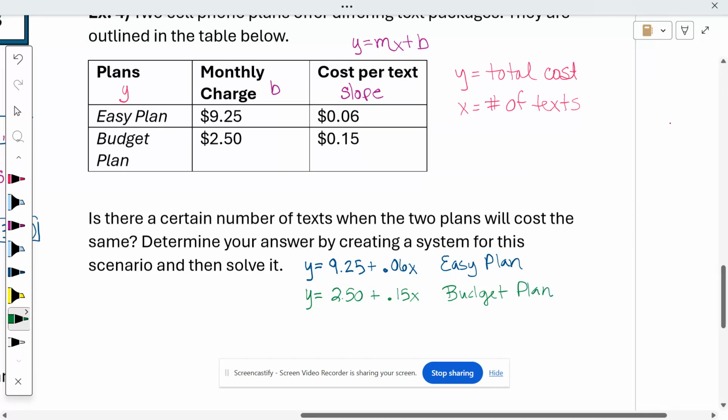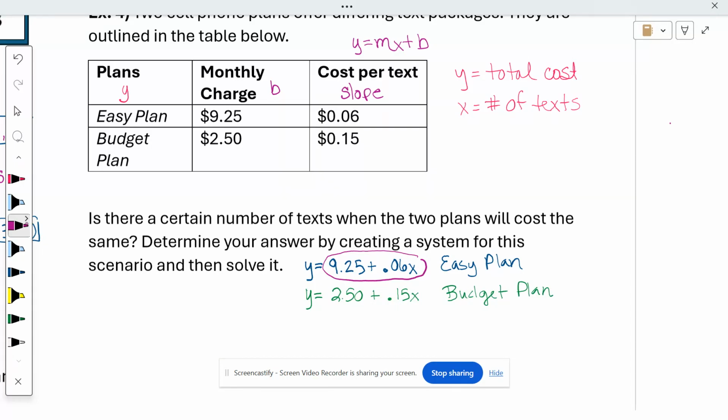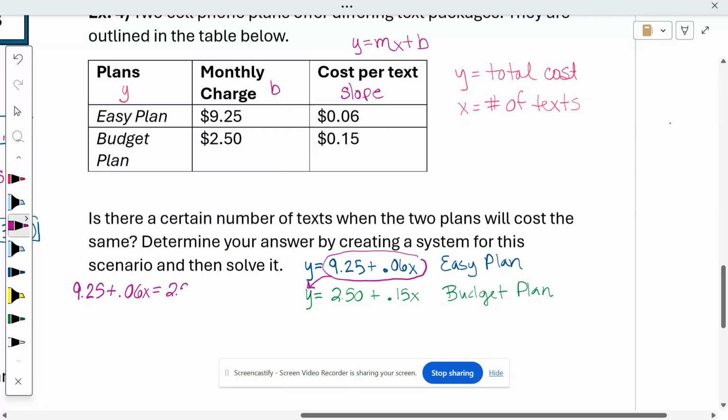So I want to solve this. I am just going to take this value, 9.25 plus 0.06x, and substitute it into the second equation for y. So 9.25 plus 0.06x equals 2.50 plus 0.15x.